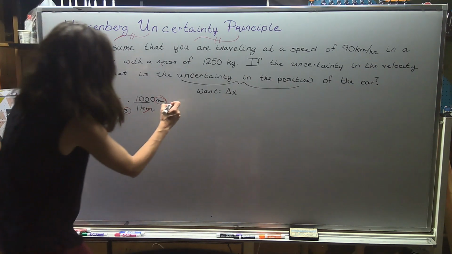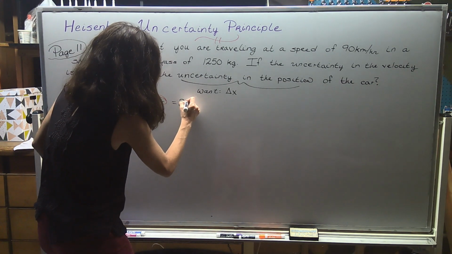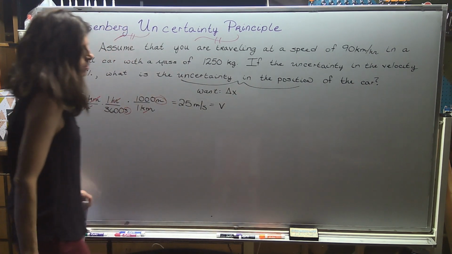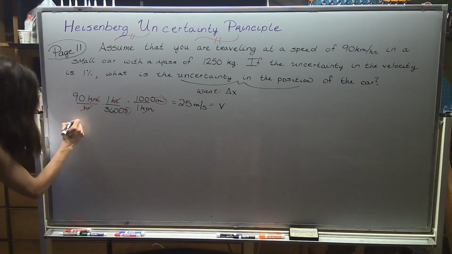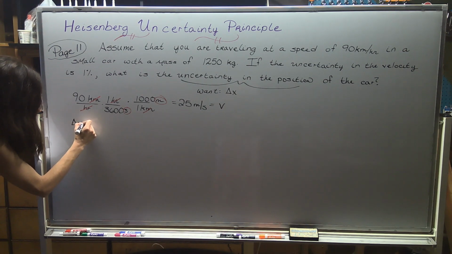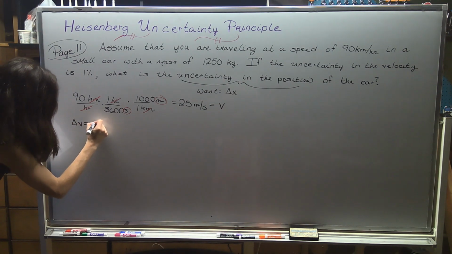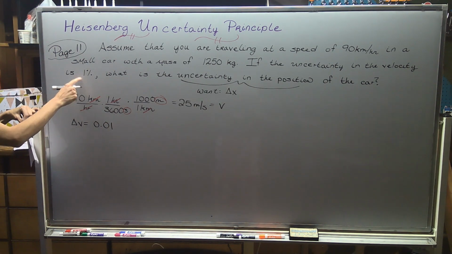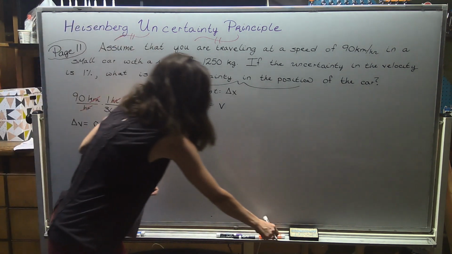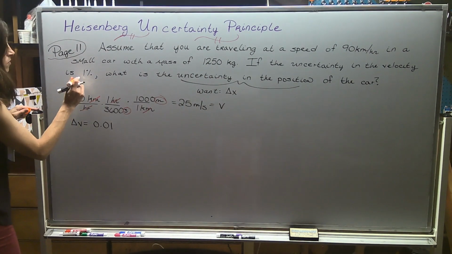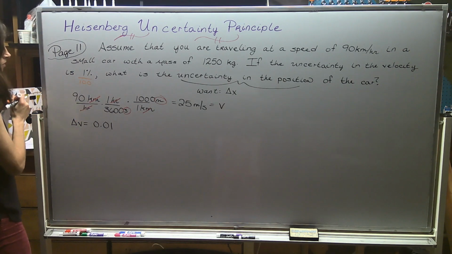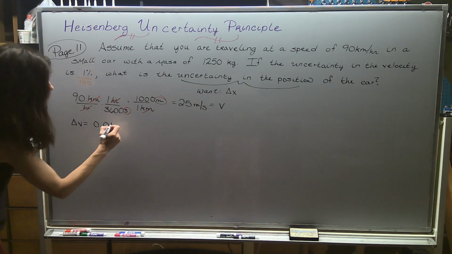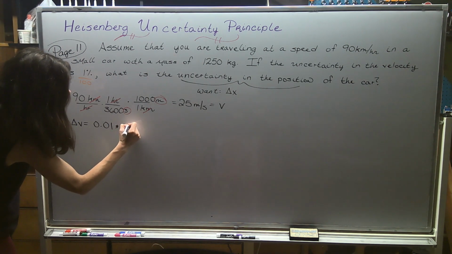When I did that earlier, I got 25 meters per second as my velocity or speed. Delta V is going to be 0.01. I took this 1% and converted it to decimal form, so just divide by 100. So I'm going to do 0.01 times the 25 meters per second.